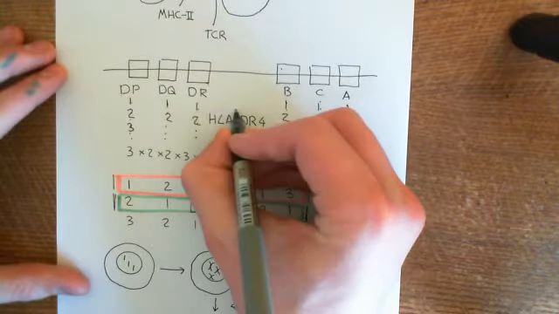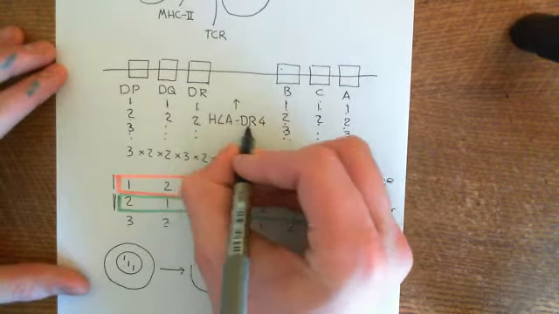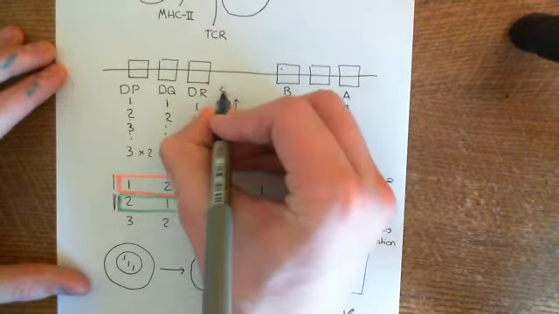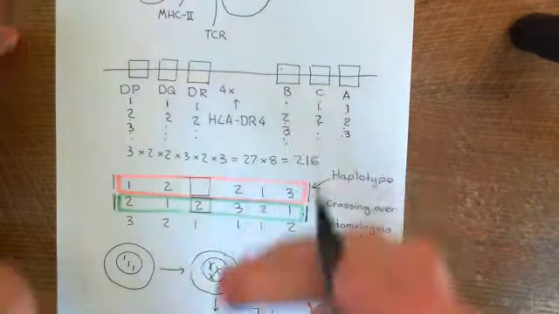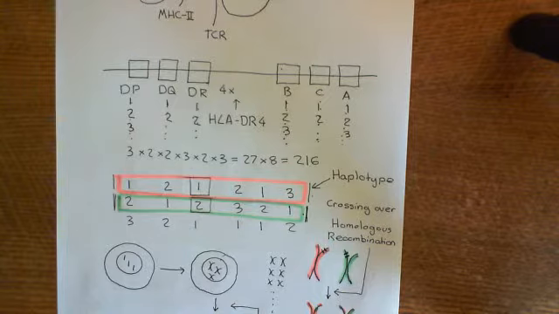Basically, if you produce this form of MHC class 2, you are 4 times more likely to develop rheumatoid arthritis than someone who does not have an HLA-DR4 allele. Okay, right, and that's going to be important when we come on to discuss the pathology of rheumatoid arthritis.